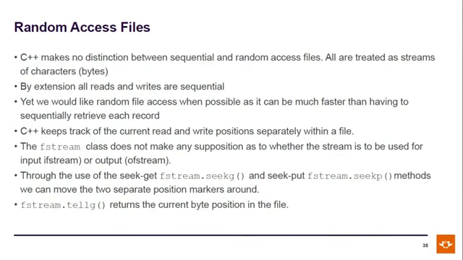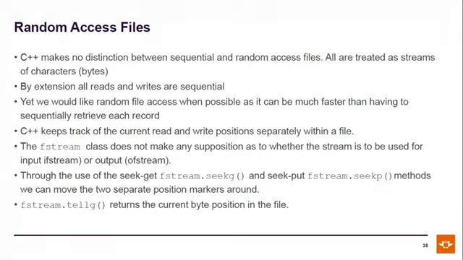Sometimes you want to open a file and start reading from a particular position, and that is where the idea of random access files comes in. With random access files, we give ourselves the option of choosing how we want to read the file and from where.